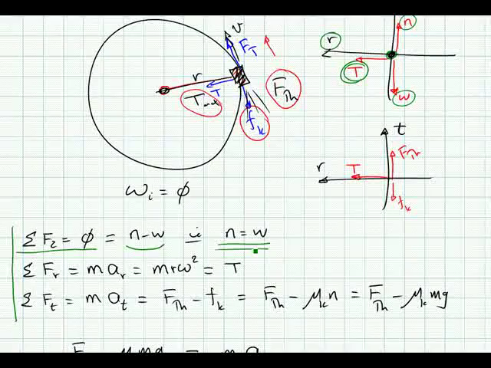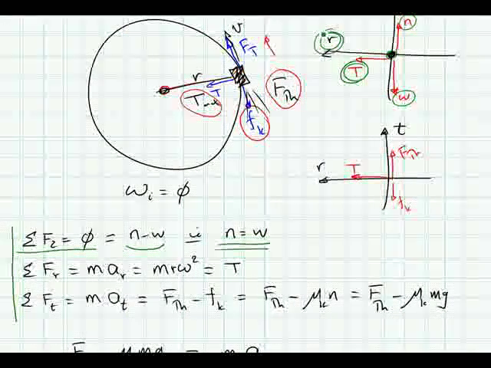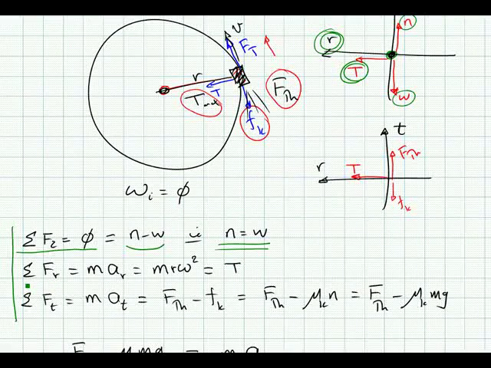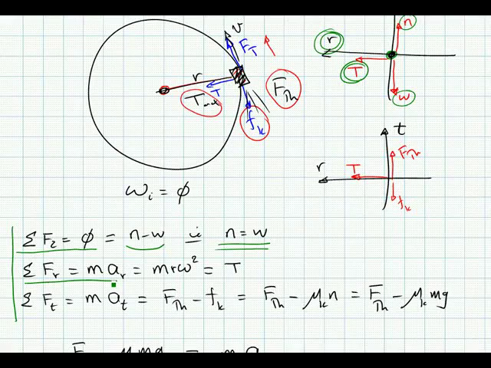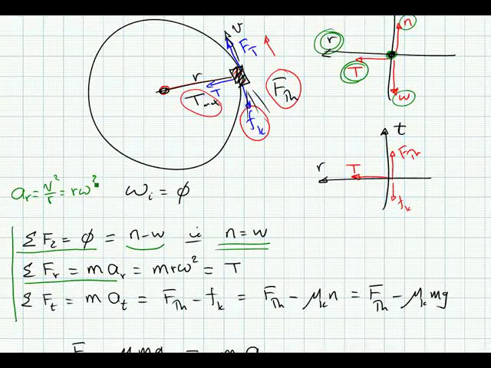Now looking at the r direction in our free body diagram, the sum of the force in the r direction is equal to m a_r. A_r, as we'd seen before, is equal to v squared over r, or r omega squared.